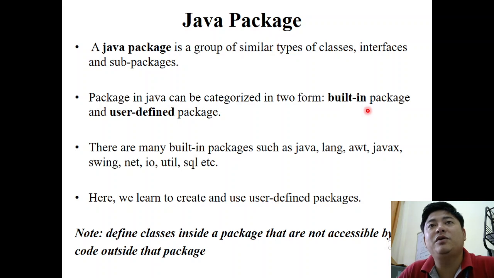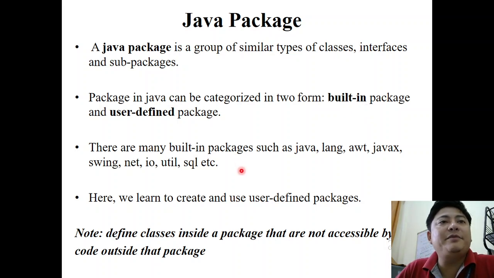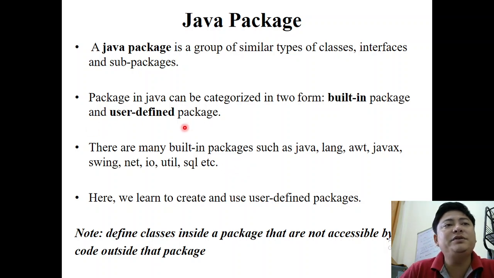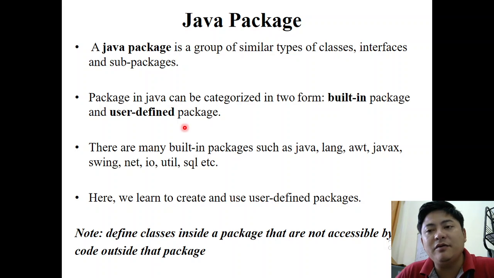System.out.println, system.out.print, we have already used these. There are many other different kinds of packages and classes. So in this chapter, we will try to learn only from the user-defined package point of view. It is very important. Before we start, we may have different packages. From here onwards, I'll not use the term directory or folder.